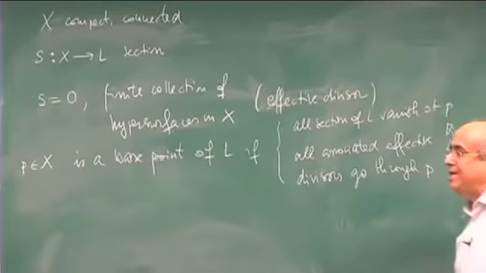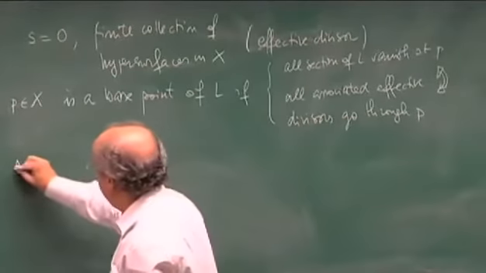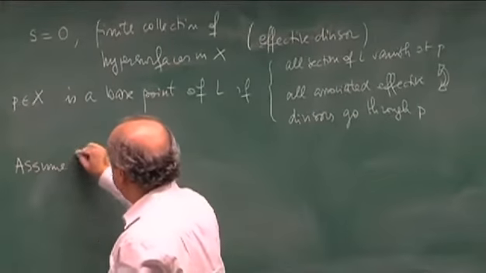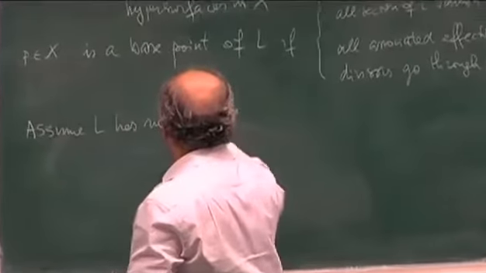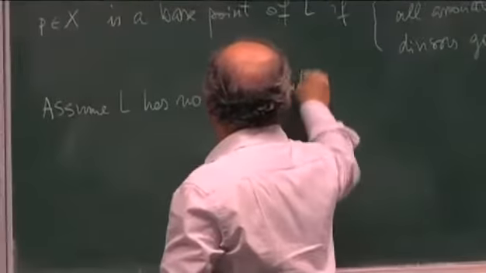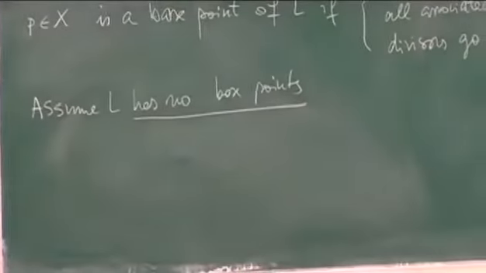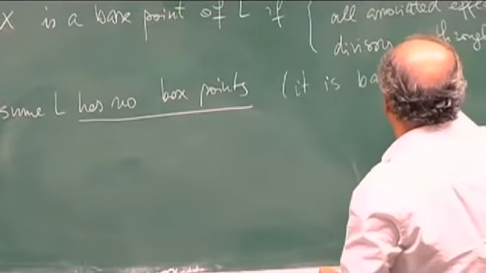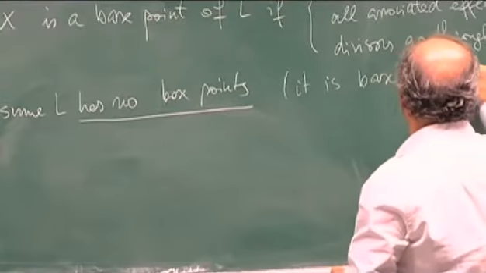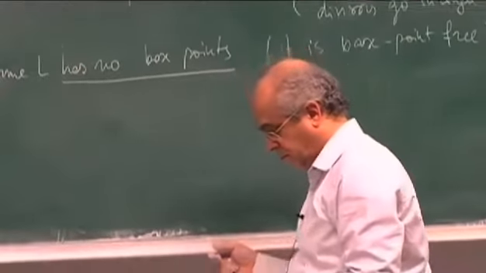And now we assume that L has no such base points. So, as one says, it is base point free. Then I can do the following. Why am I assuming this?